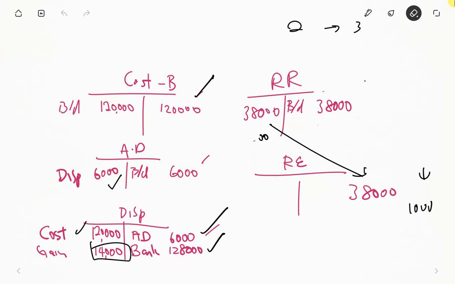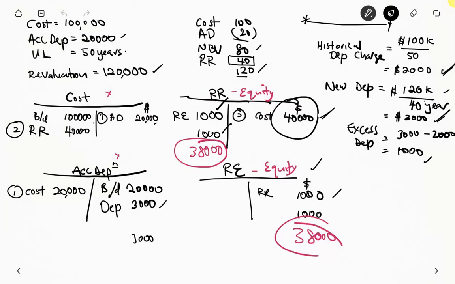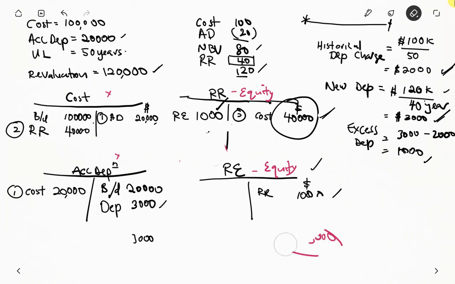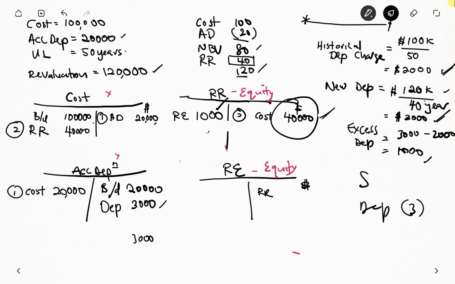Now our retained earning, because our SPL depreciation is 3,000, as a result is lower by 1,000, right? This profit here will transfer to RE, and our RE balance brought down from here is actually lower by 1,000.